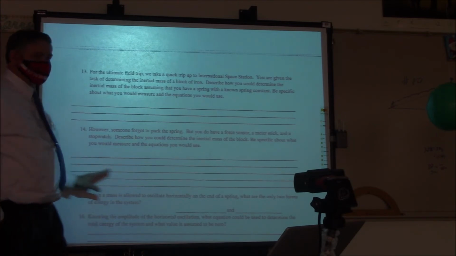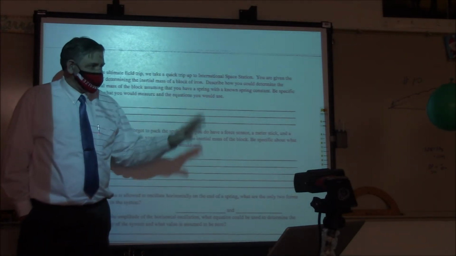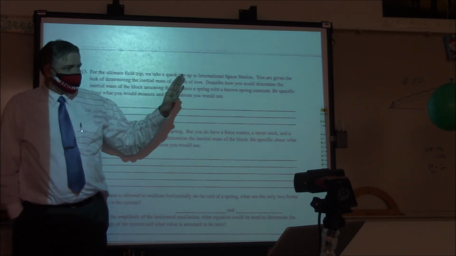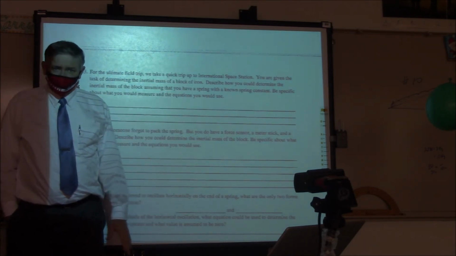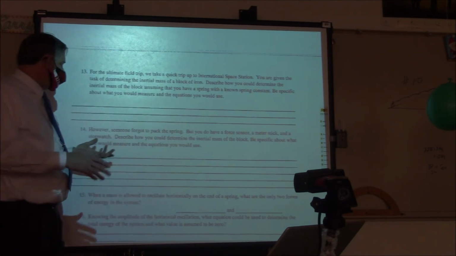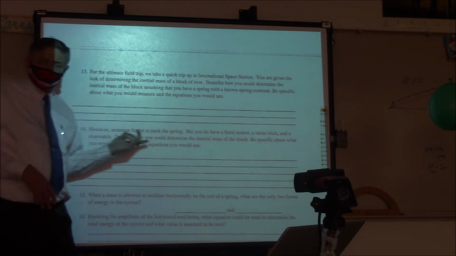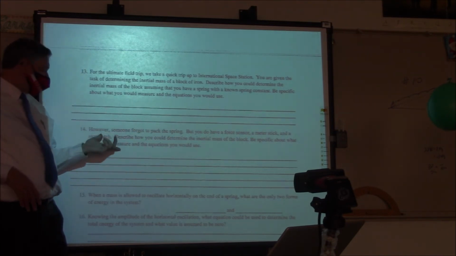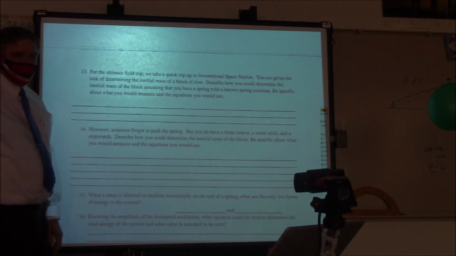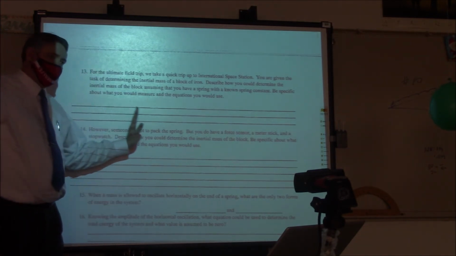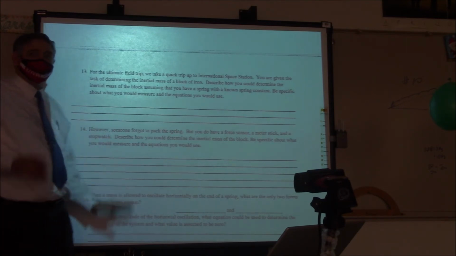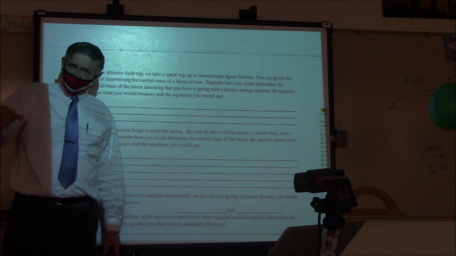You're going to say how you're going to use that force sensor. Let me give you a hint. You're going to use your force sensor to get an acceleration. Then, once you get your acceleration, how can you use the meter stick and the stopwatch to figure out the mass? You're going to work off the idea that F equals ma. You can measure the force, but you can't directly measure acceleration.